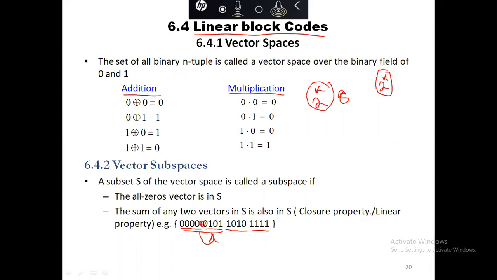And if I sum up any of these 2 code words, this will be that code word. So usually if you know the set theory, this is the closure property over addition. Also this is the criteria for selection of 4 code words from these 16 combinations, that they must satisfy this criteria. Also, there is an all 0 vector in the vector space.